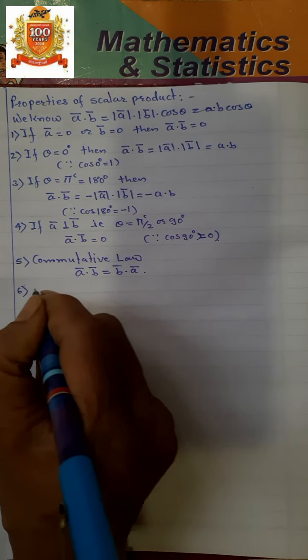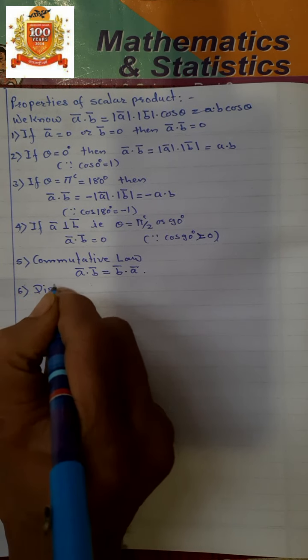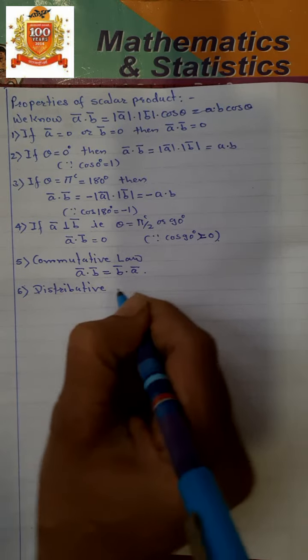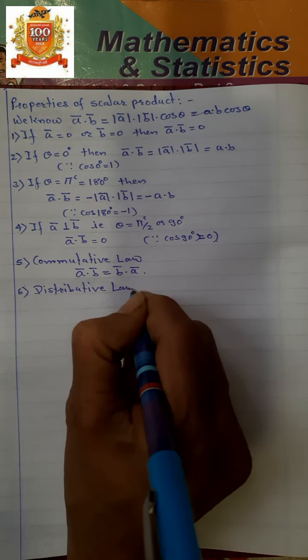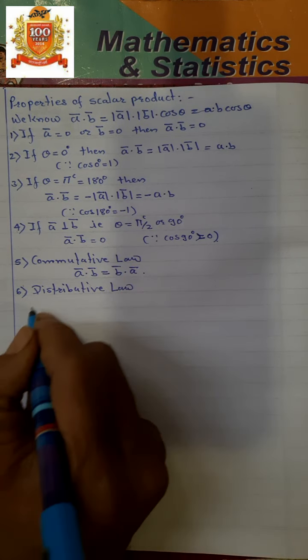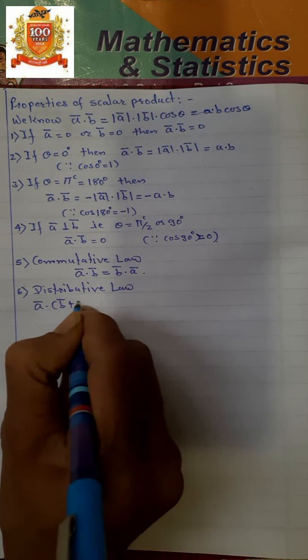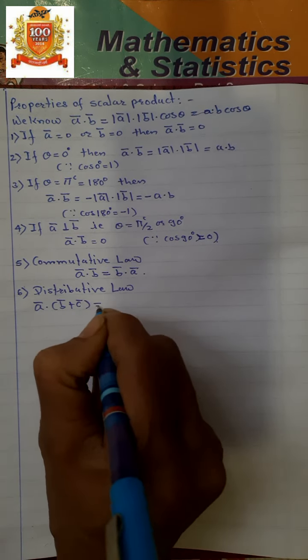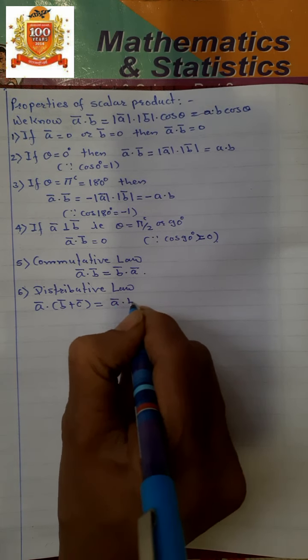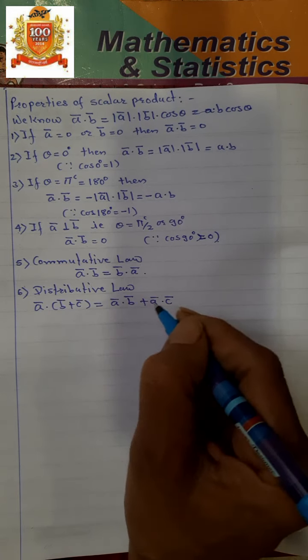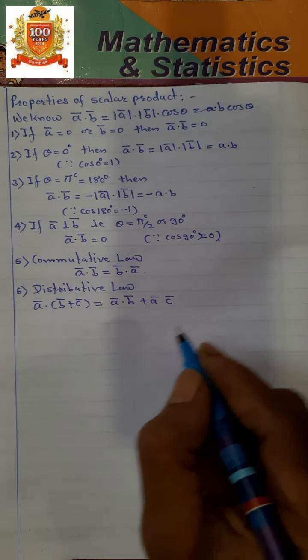Sixth, distributive law. A bar dot bracket b bar plus c bar is equal to a bar dot b bar plus a bar dot c bar. That is called as distributive law.